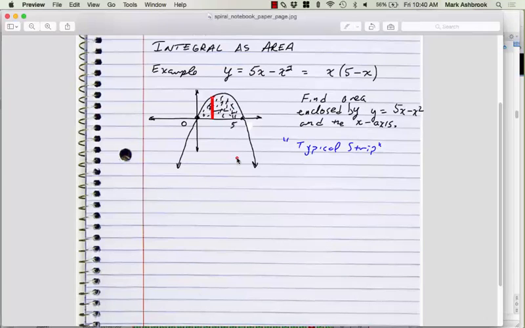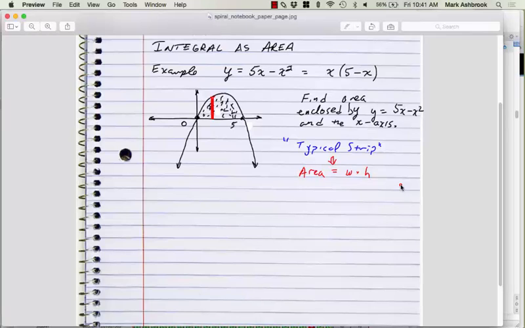That red thing is a typical strip. And we want to get the area of that. The area is just going to be width times height, because it's the area of a rectangle.